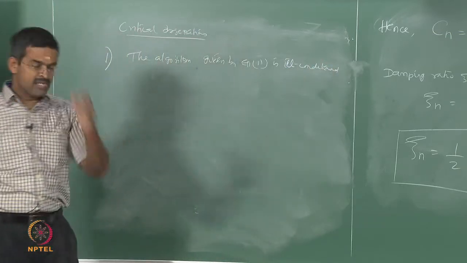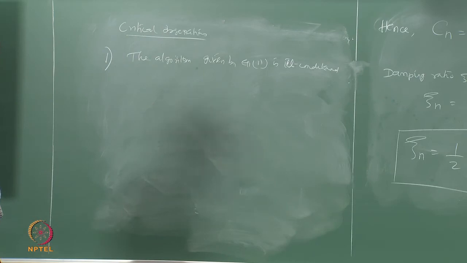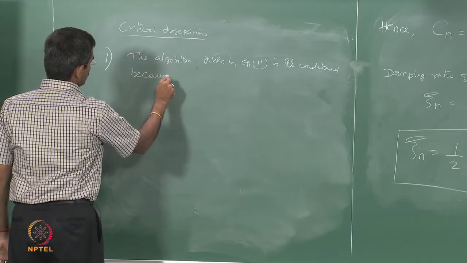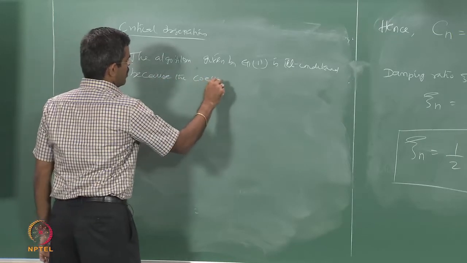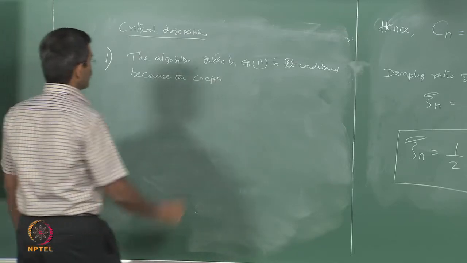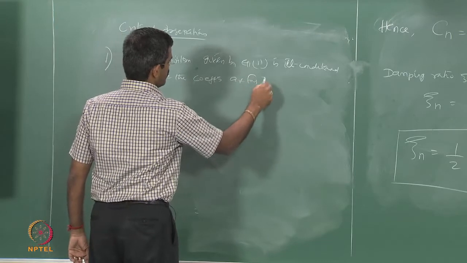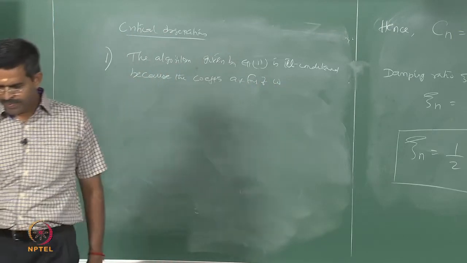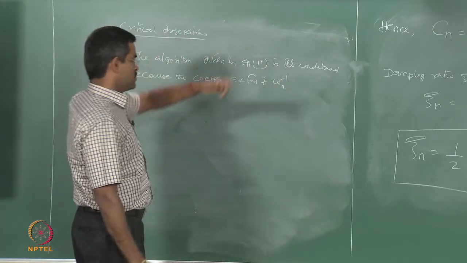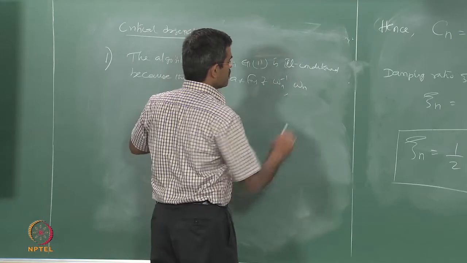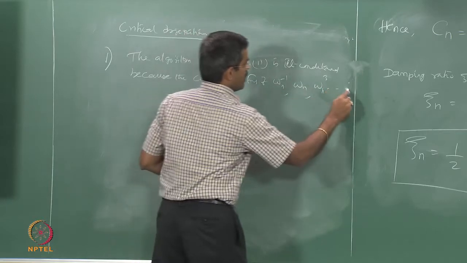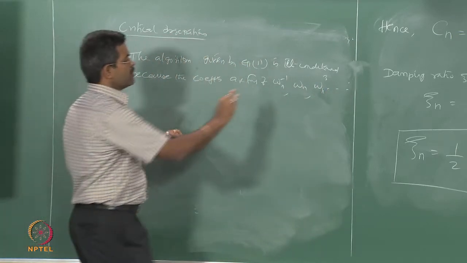Now, why is it ill conditioned? Because the coefficients are functions of omega n to the power minus 1 if L is 0, omega n, L is 2 means 3, etc. So, you are actually missing certain frequencies in between.